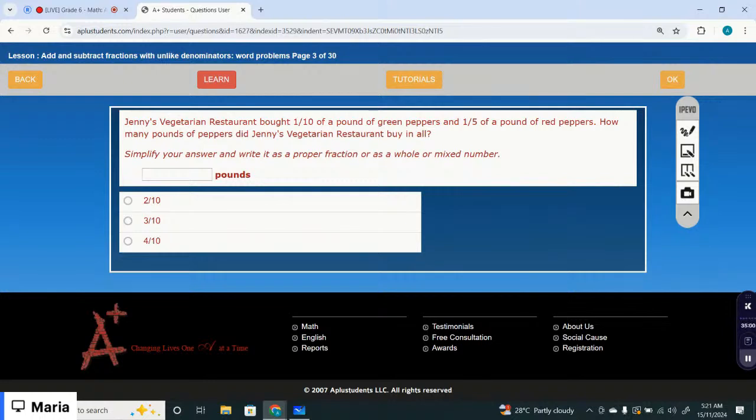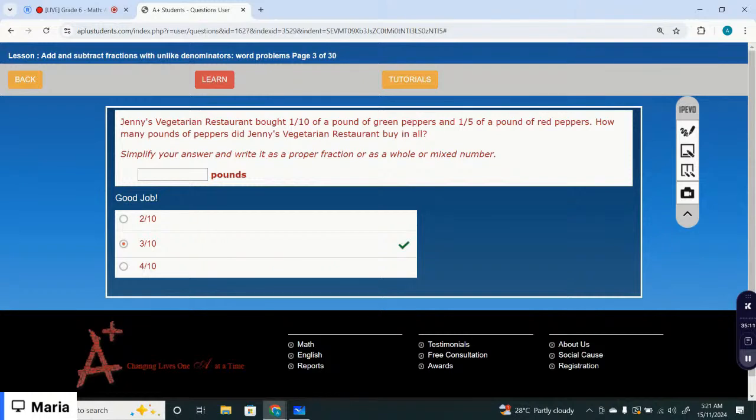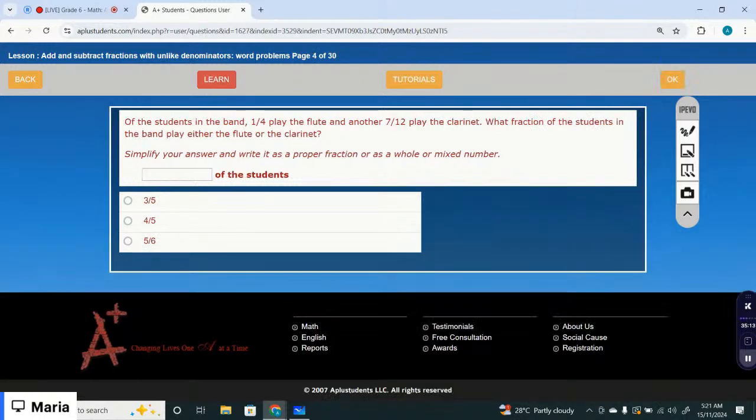How 2 by 10? That is 3 by 10. You can check again. That is 3 by 10.